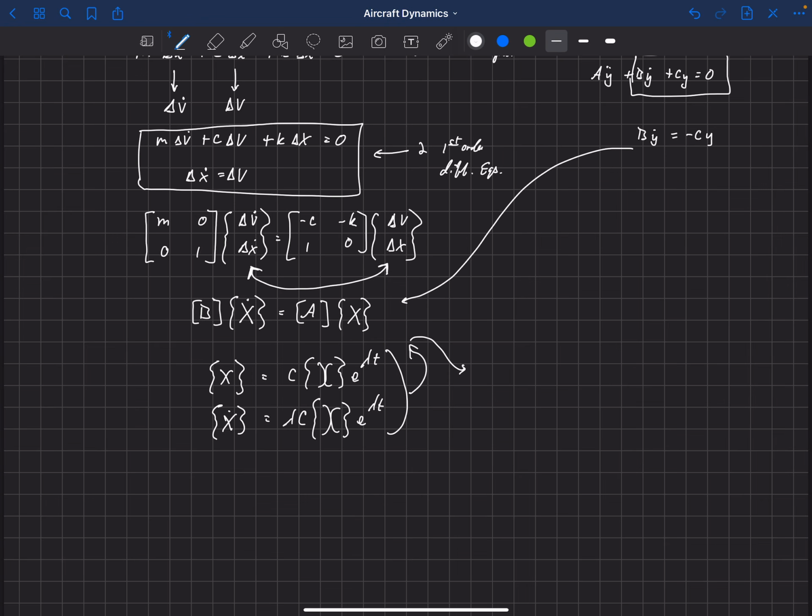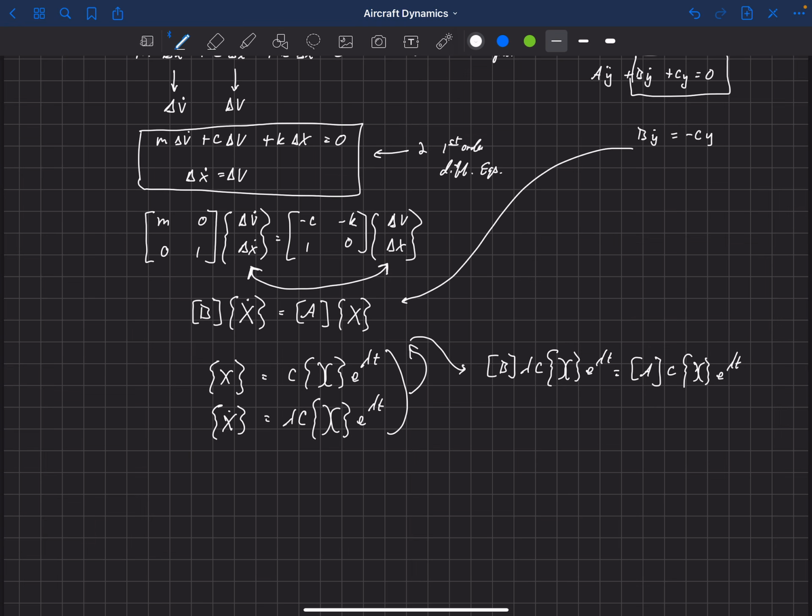And what we get out of that is b times lambda c times chi e to the lambda t is equal to a times c times chi e to the lambda t.